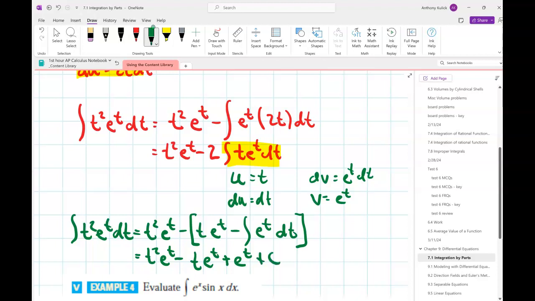Cool. Oh, I dropped a 2 somewhere. Yeah. There's supposed to be a 2 there. That sounds right. Okay.